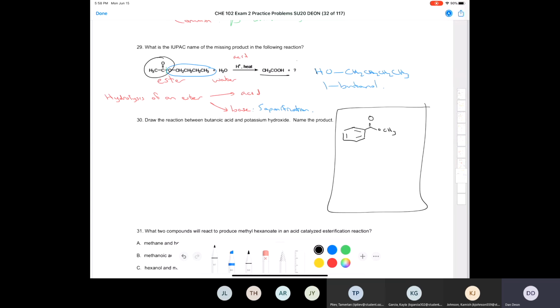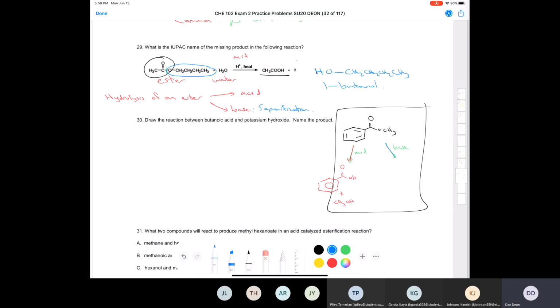Okay. Because she knew right away that if I hydrolyze it in acid, versus I hydrolyze it in base, I get 2 different scenarios. If I do it in acid, I end up with benzoic acid, plus methanol.